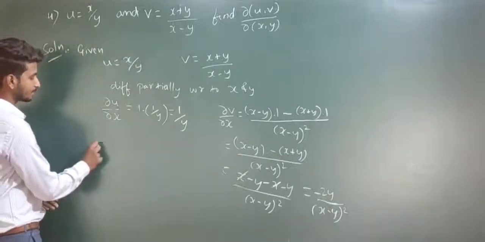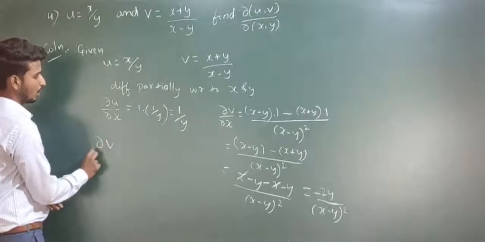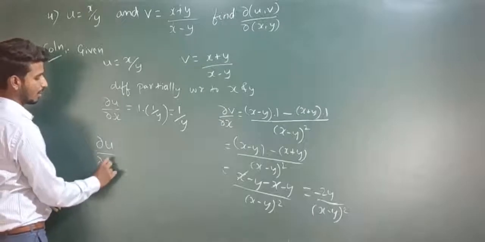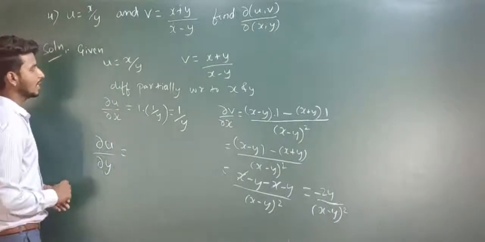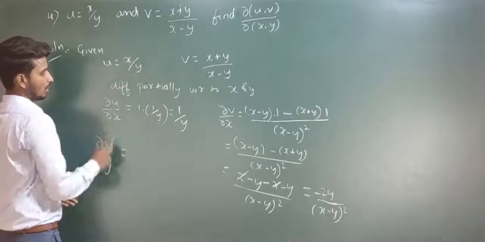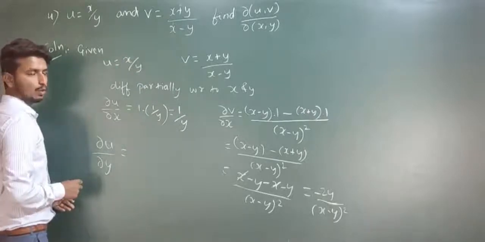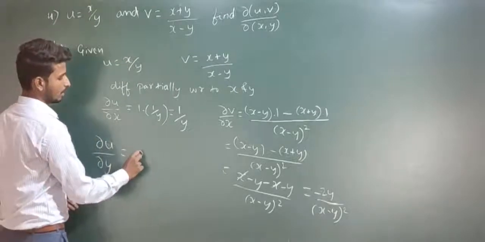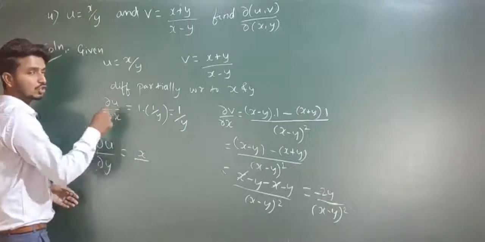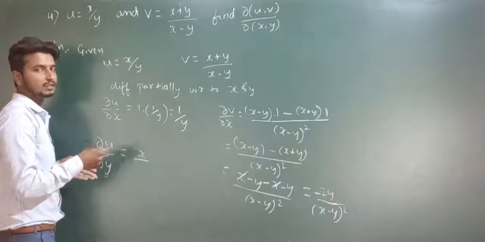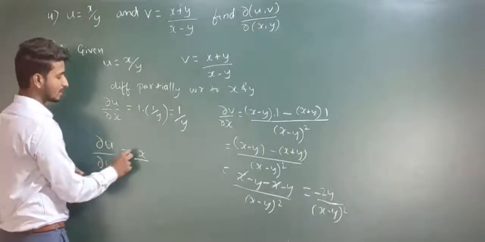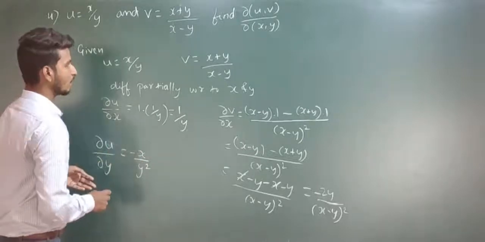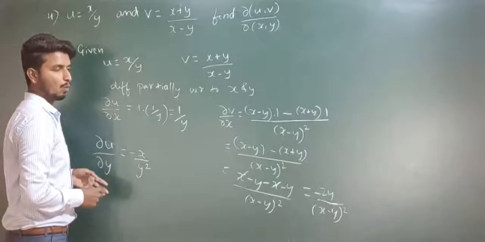Next is dou u with respect to y. We have to differentiate u with respect to y. Here also we can take the u by v form. Here x is constant, so x divided by the differentiation of y, that is 1 by y, will be minus 1 by y square, that is minus x divided by y square. Next we have to differentiate v with respect to y.